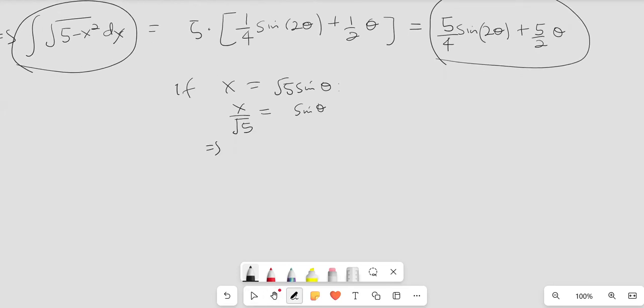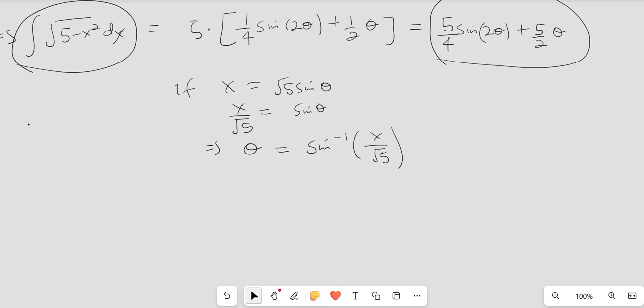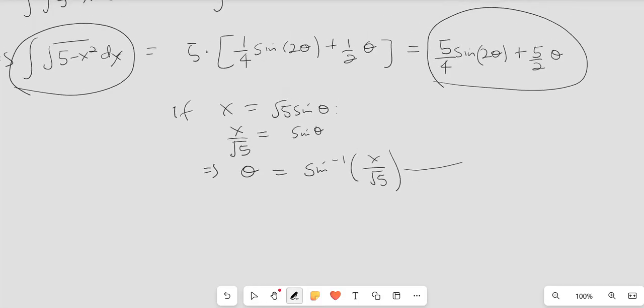And that implies that theta is the arcsine of x over the square root of 5. So wherever we see theta, we just plug in arcsine of x over the square root of 5.